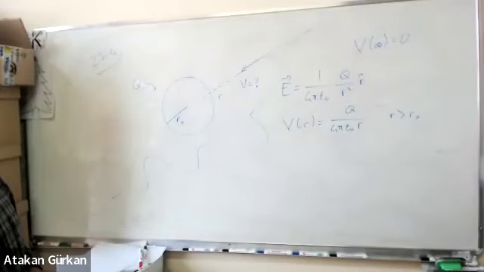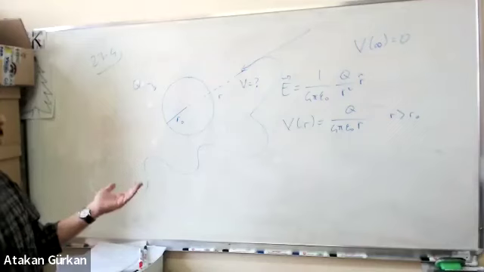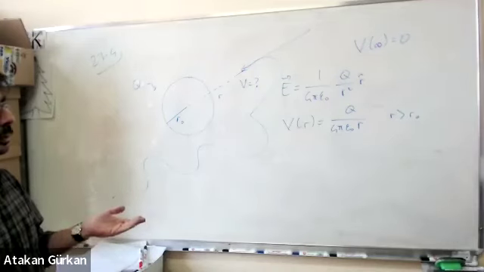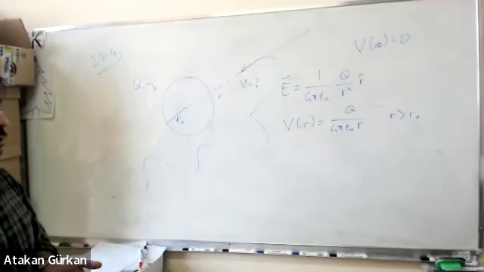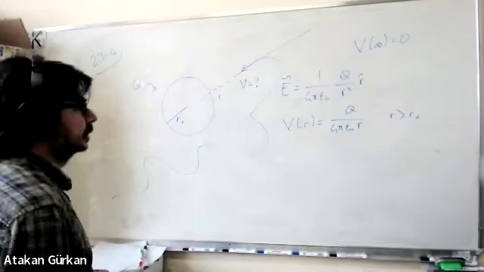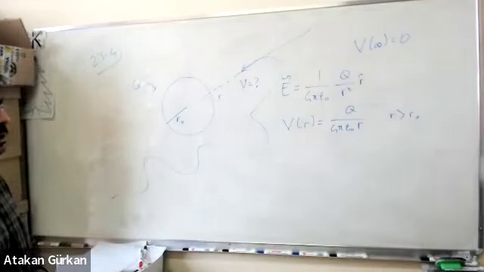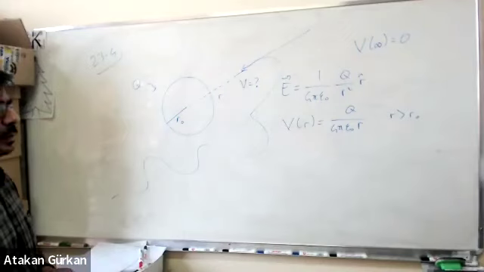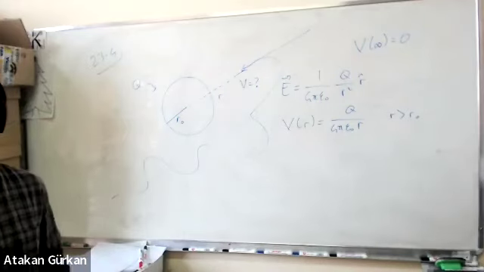Now, when you reach r0, you're going to be on top of these charges that are at the surface of this. This is a sphere, right? The spherical shell. Yeah, it's a sphere. You're going to be on top of the charges as you reach r0. So how will you calculate the potential in that case?